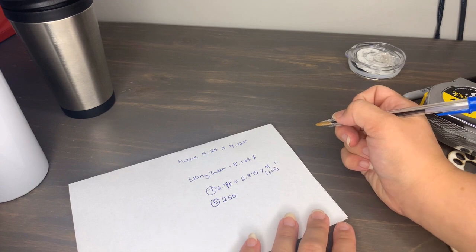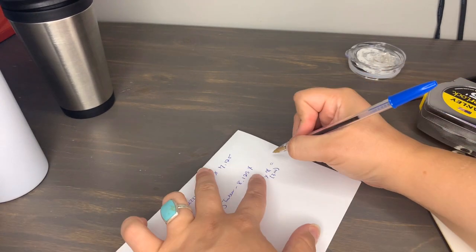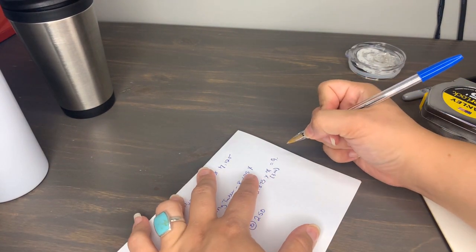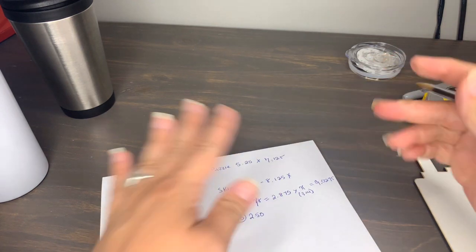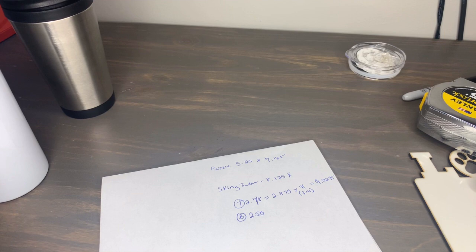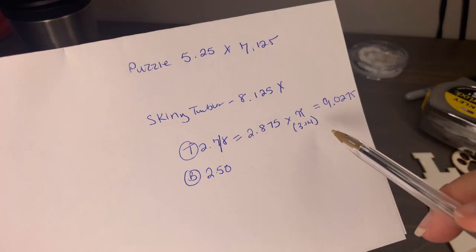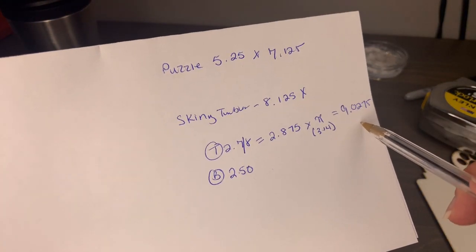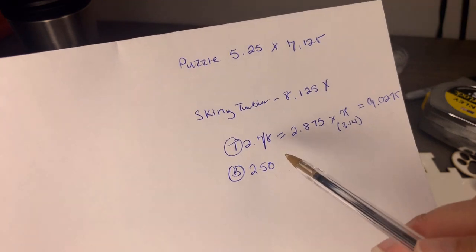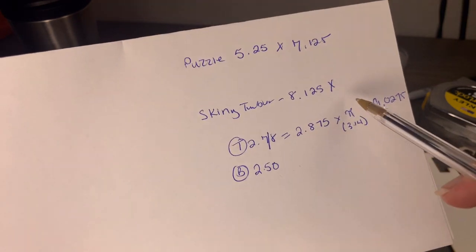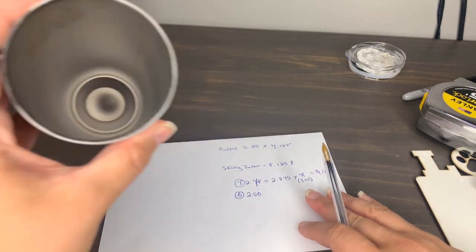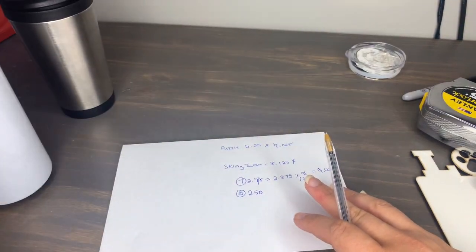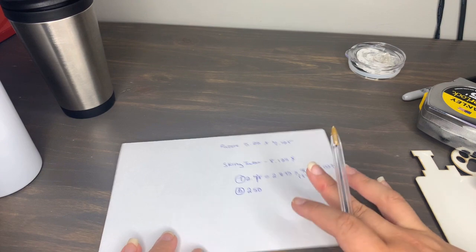And that is going to come to 9.275 inches. Pretty sure that's accurate. So that is how you determine your circumference, because the formula for circumference is the diameter times pi. It's not really that difficult. And of course, you can use the calculator on your phone. Mine is currently occupied, so I can't use that one.